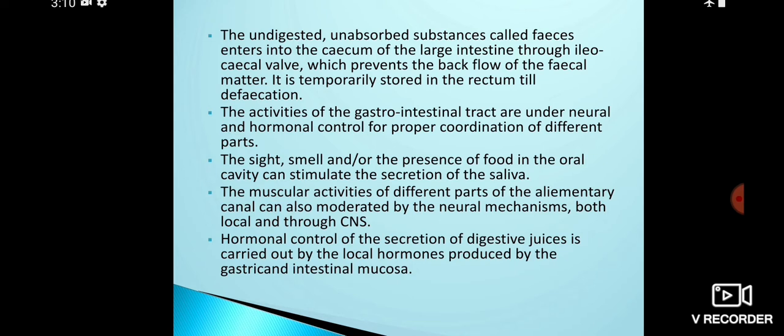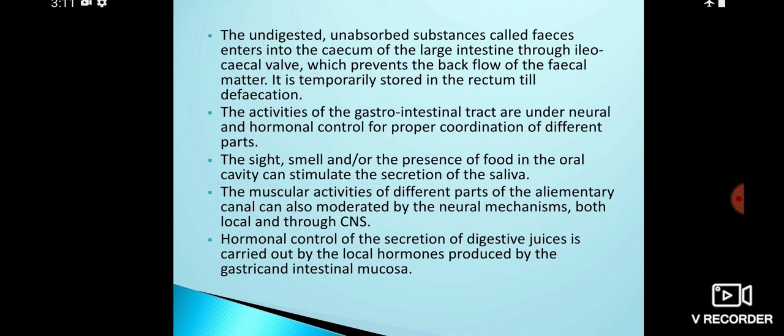Okay, then in case of this alimentary canal, some hormones are also being secreted. Those hormones are going to control the secretion of the digestive juices, where those hormones are said to be the local hormones which are being produced from the gastric and the intestinal mucosa.